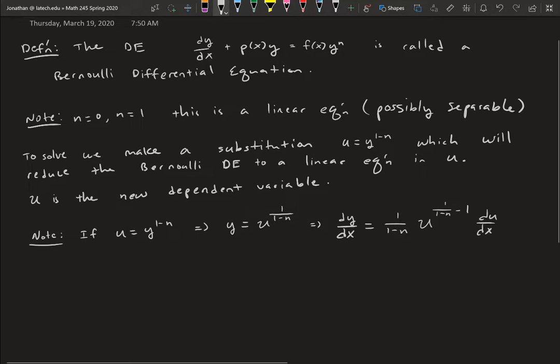That's just like a chain rule differentiation to substitute in what dy/dx would be. So we can simplify this to 1 over 1 minus n times u to the (1 minus (1 minus n)) over (1 minus n) times du/dx.